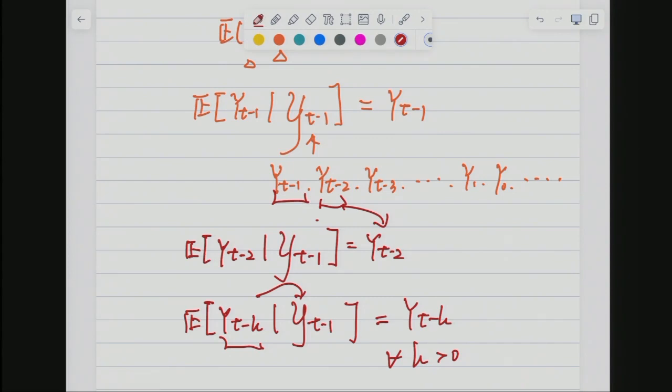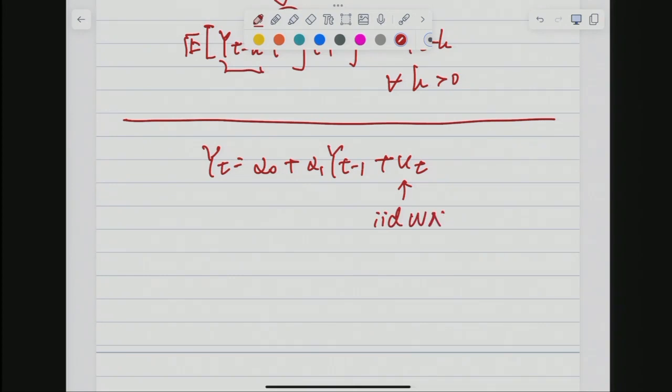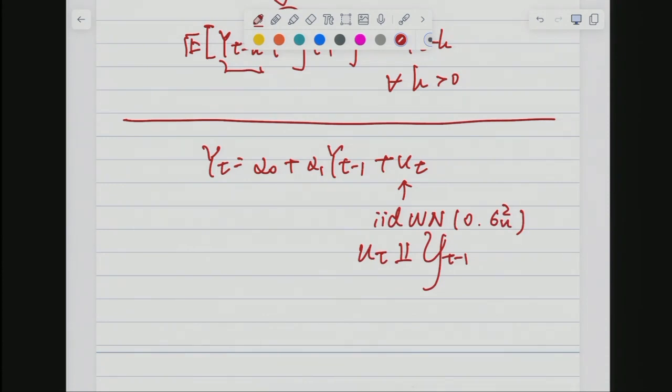So what we're saying is that we have an AR(1), which essentially takes this form, and we know that the error term is an IID white noise, okay, with mean 0 and variance sigma squared u, and that u_t is independent of all pasts of y, so it's independent of everything inside this big curly Y_{t-1}. This is what we know, okay?